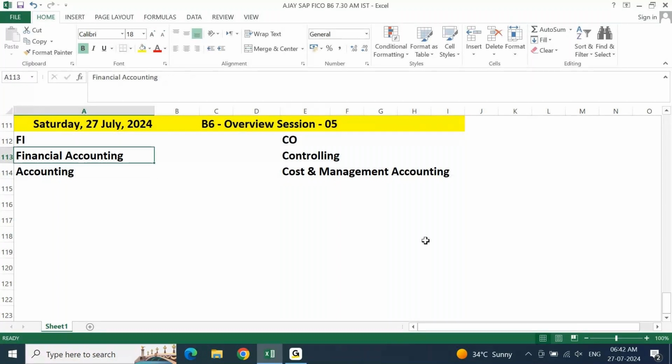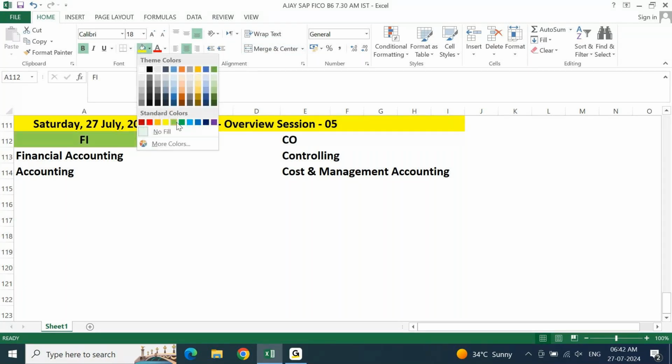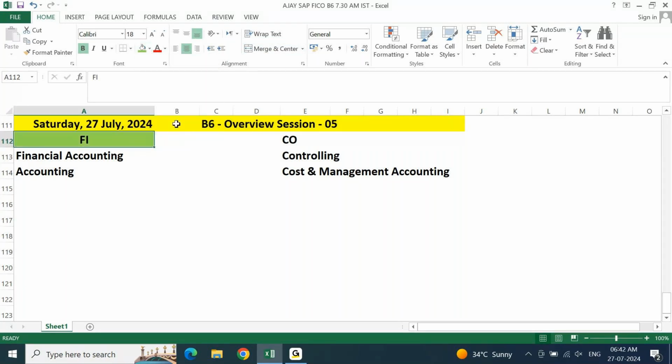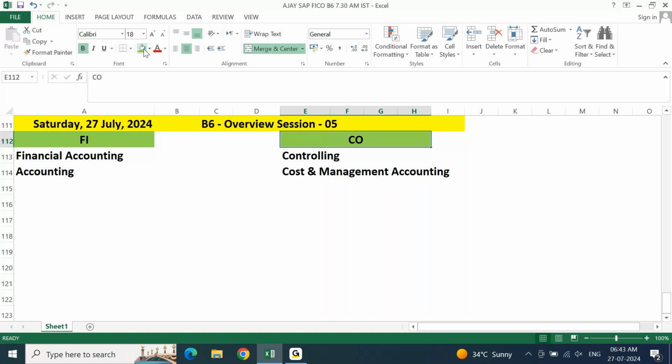Those who are from an accounting background or commerce background must be aware of it, because in your academics you would have studied financial accounting and also cost and management accounting. These are the two modules.